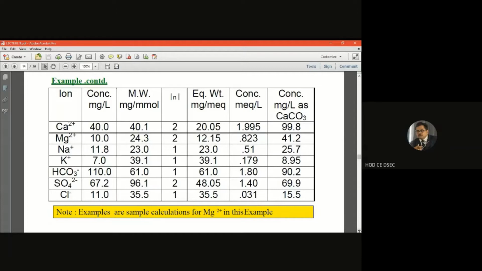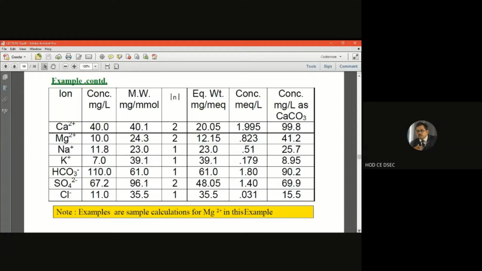Now concentration, what is concentration? Concentration in milliequivalent per liter is the concentration in milligram per liter divided by the equivalent weight.